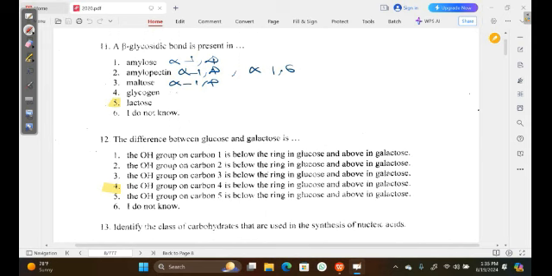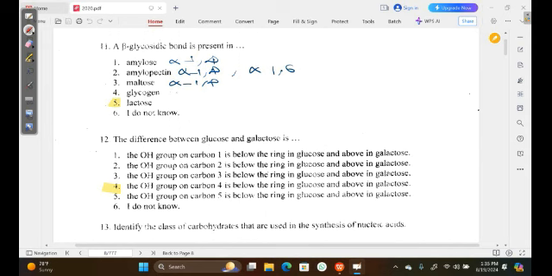It's because of the similarities in the branching units and the bonding. So for glycogen, we have alpha 1,4 as well as alpha 1,6 on the branched units.